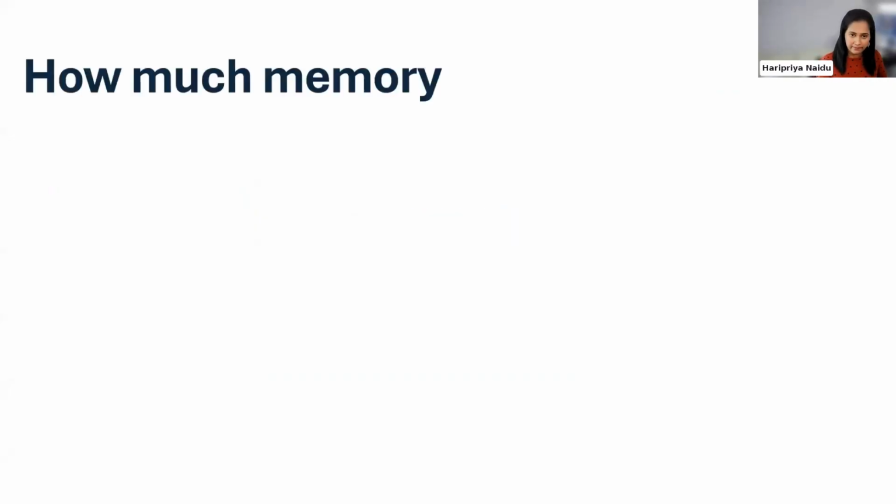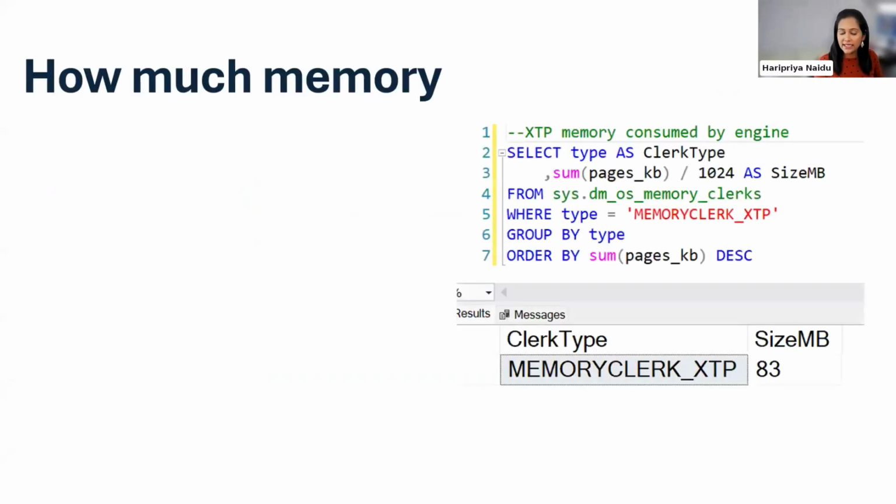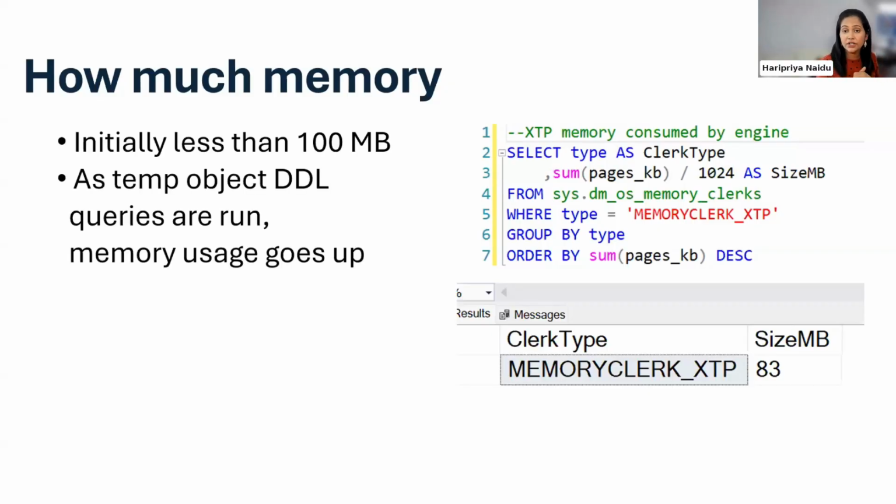So how much memory do these system objects occupy in TempDB, in memory? The moment you enable this feature, those 12 system objects usually consume less than 100 meg. As the processes keep coming in, as they are using or accessing these system objects, the memory keeps building up.